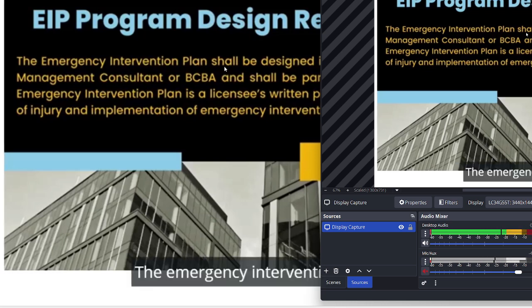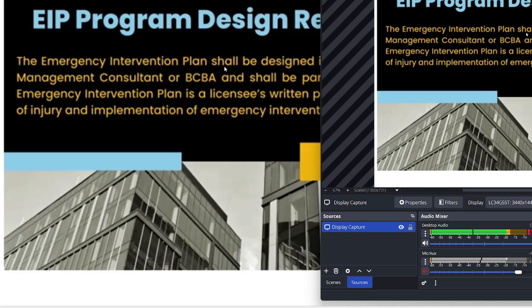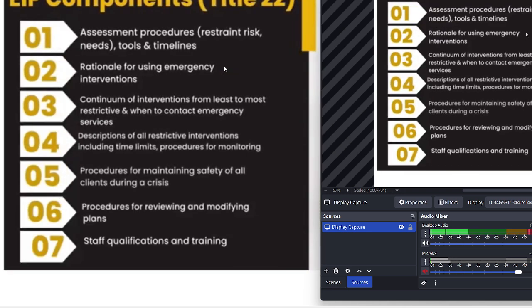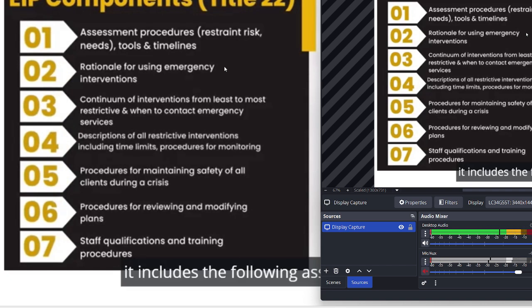The emergency intervention plan is your written plan addressing the prevention of injury and implementation of emergency intervention techniques. And it includes the following: assessment procedures, for example, restraint risk assessment, needs assessment, as well as the tools and the timelines used for these assessments.